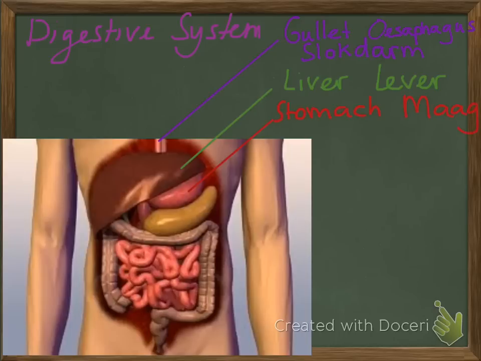Now, after you've swallowed something, it passes into your stomach, ofwel je maag. Your stomach is a strong muscle which is like a water pouch. And because it's a muscle, it can churn and knead your food. Het kan je voedsel kneden while it's mixing it with this strong acid.